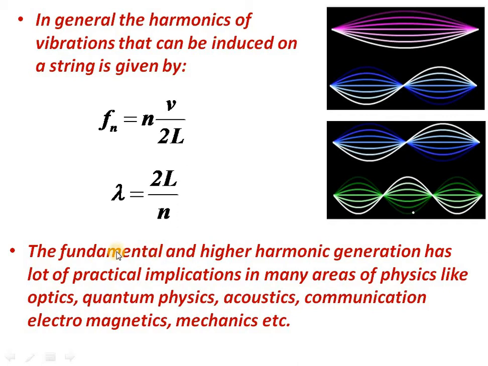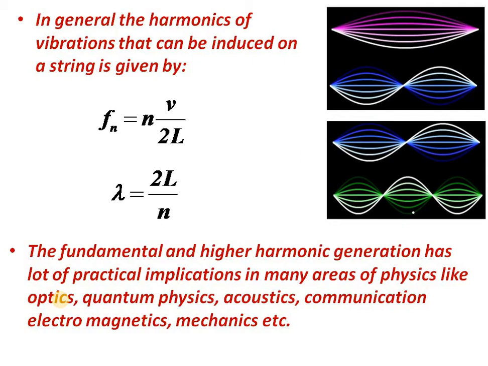And of course, as I told you already, fundamental and higher harmonic generation has a lot of physical applications in many areas of physics, like optics, quantum physics, acoustics, communication, electromagnetics. For example, in optics, suppose you have some fundamental frequency of a laser. By passing this laser beam through certain materials, you can create higher harmonics. Understand?